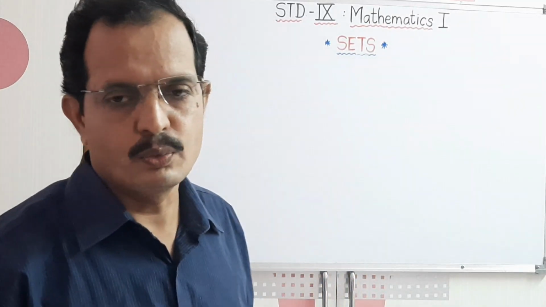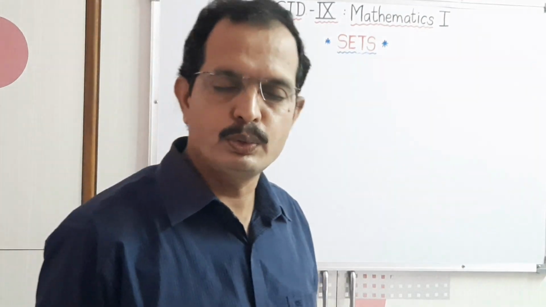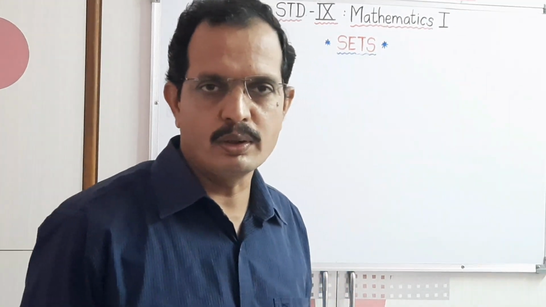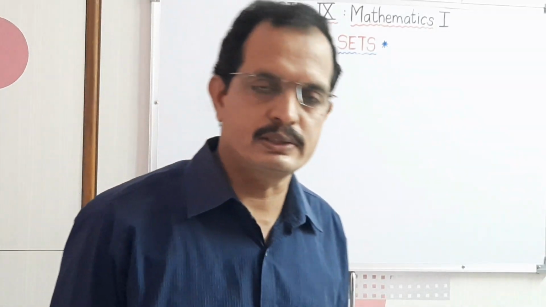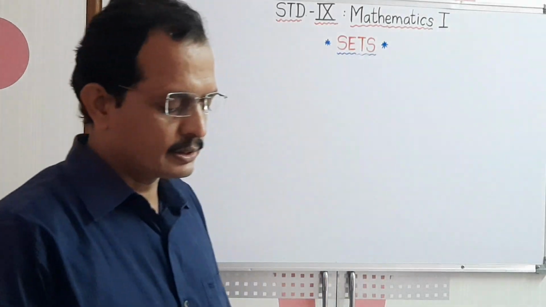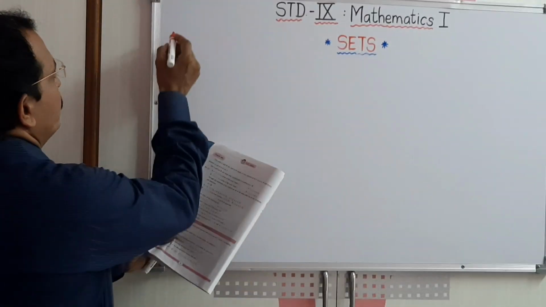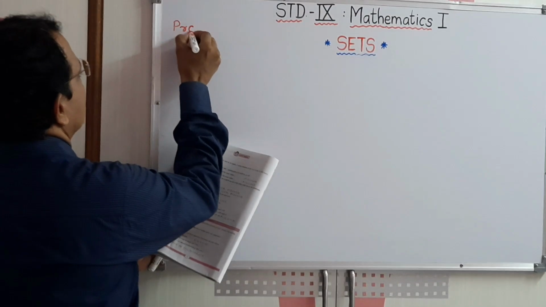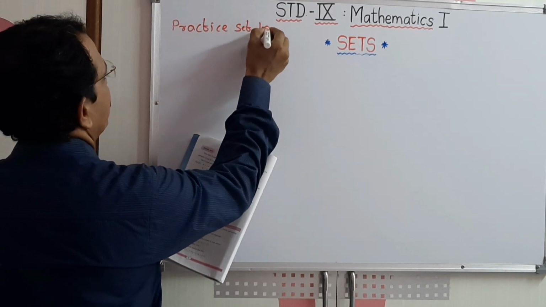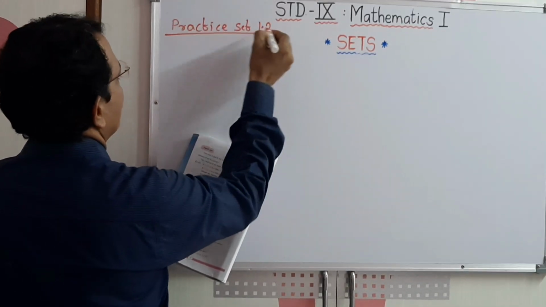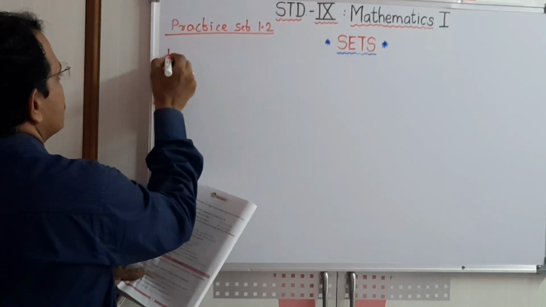Let's start with practice set 1.2, which is based on types of sets and the concept of equal sets. See the first sum from practice set 1.2. Now the first sum is given.